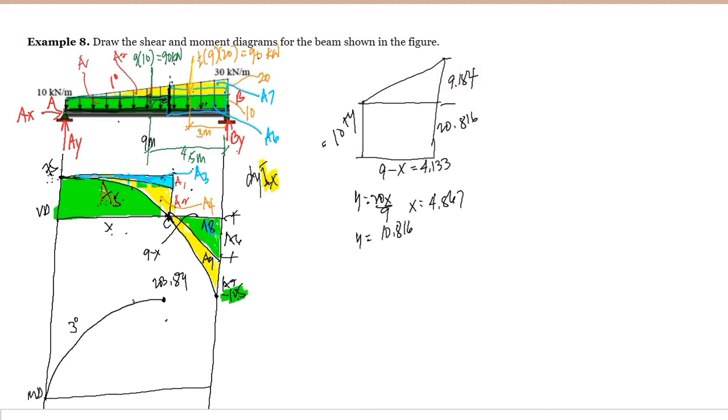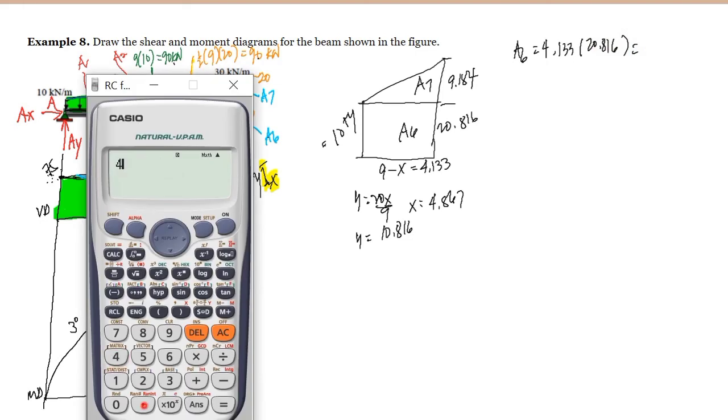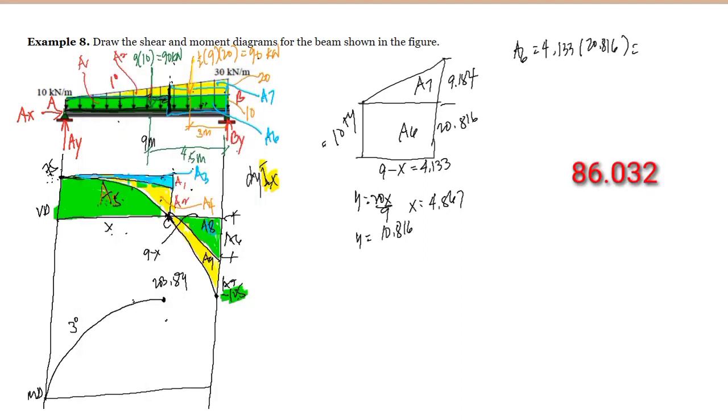And from this, pwede na nating makompute ngayon yung area 6 and area 7. So, this is our area 7 and this is our area 6. Now, area 6 is area lang ng rectangle. So, that's 4.133 multiplied by 20.816. That's 86.023.